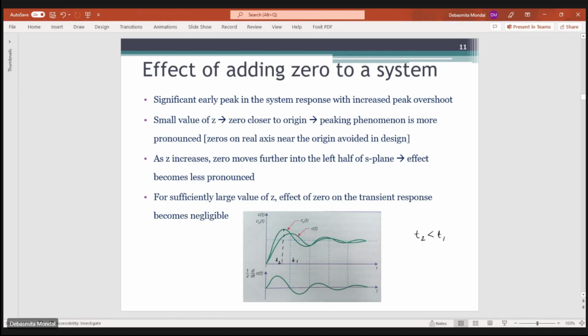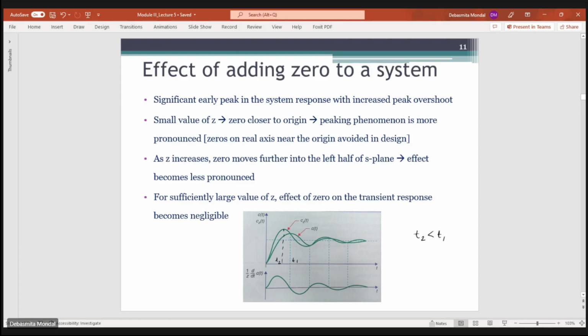Now if you add the 0, at Z, closer to the origin, this peaking phenomenon, the rise in the peak overshoot, will be more pronounced.